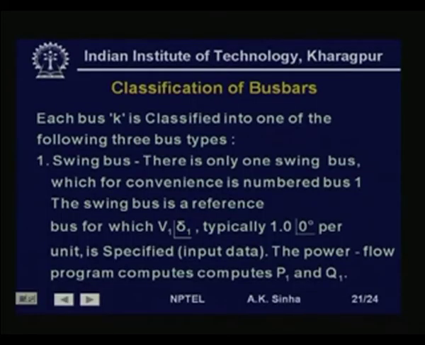So, we see that we have different kinds of bus bars in the system. One, as we have just seen, is the slack bus, that is a bus which can take care of the transmission losses. So, we can say that each bus K is classified into one of the following three bus types.